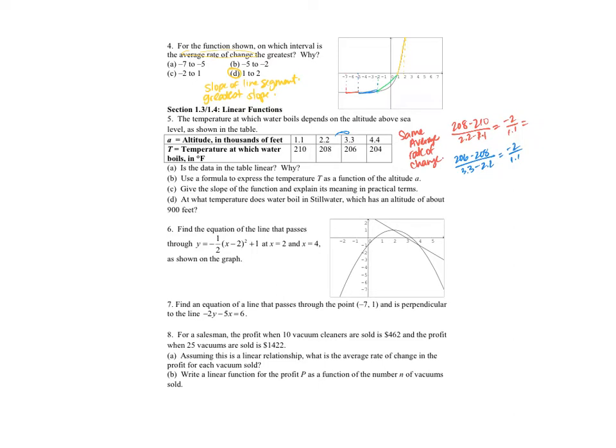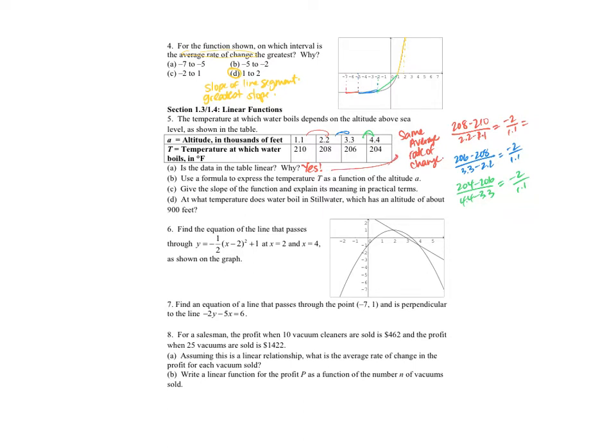And then this one here I'm going to do 204 minus 206. I can see it's going to give me the same thing, again -2 over 1.1. So since those average rates of change on those three intervals were all the same, it is linear. So this is a yes, and the reason is because it has the same average rate of change.